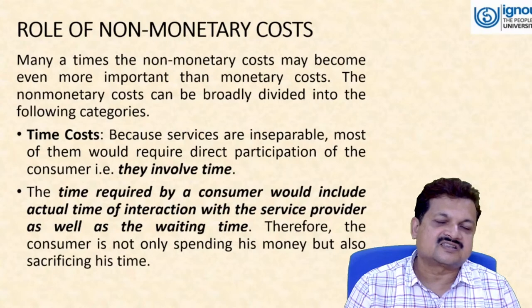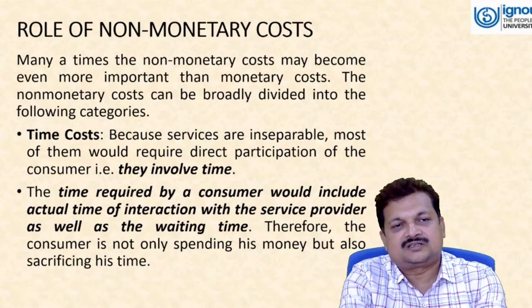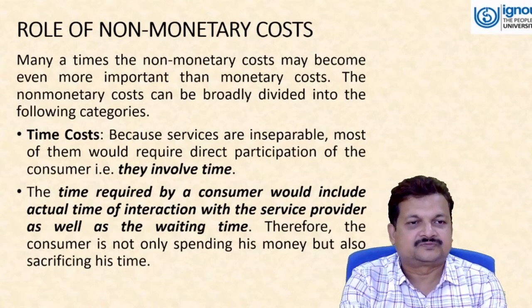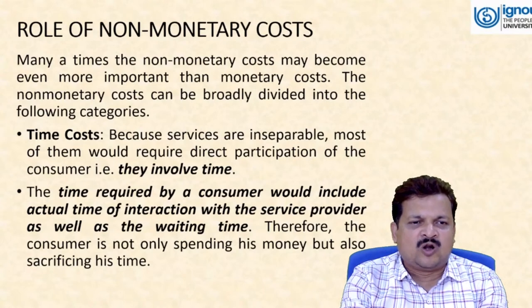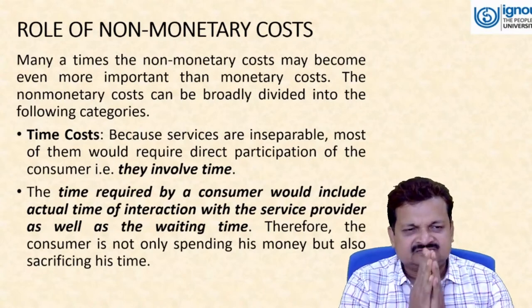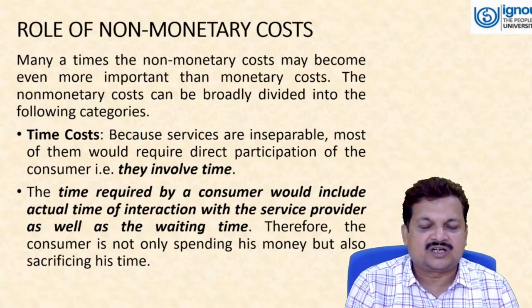Just like we can call the Rajdhani Express. Some of the expresses have a price structure only because they reach the point earlier than the other trains. The time required by a consumer would include the actual time of interaction with the service provider as well as the waiting time.